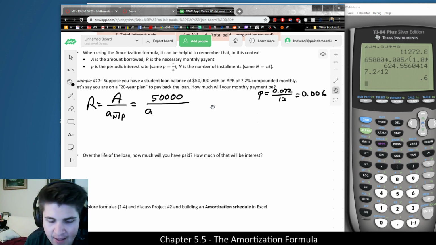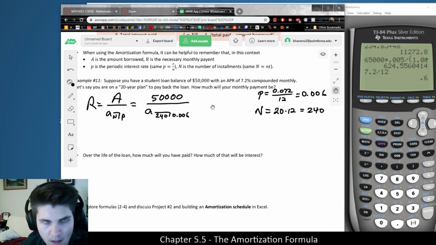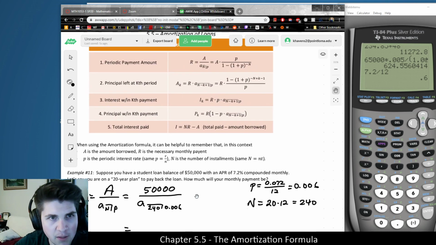And then the number of payments, capital N, is always going to be, well, it's 20 years and it's 12 months in the year, which is 240 total payments. So basically, I'm going to be evaluating a at 240 and at a rate of 0.006. And doing that all in the calculator, I have the longer version of the formula right here.